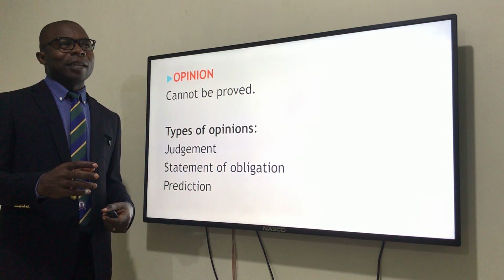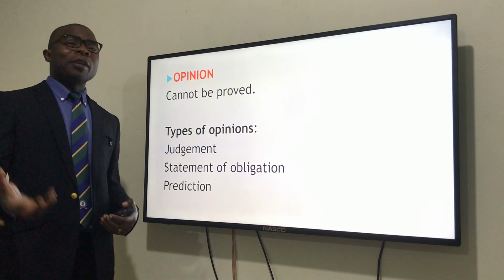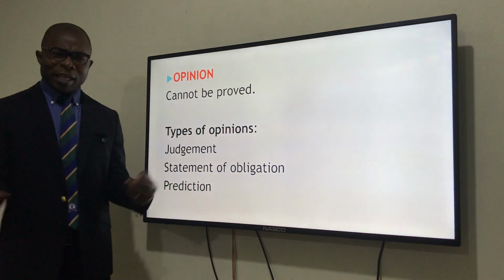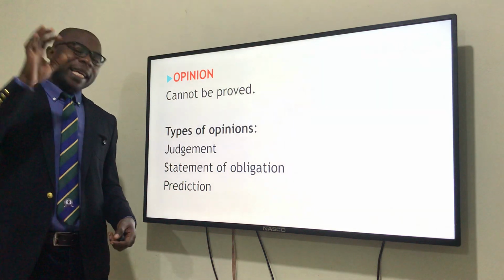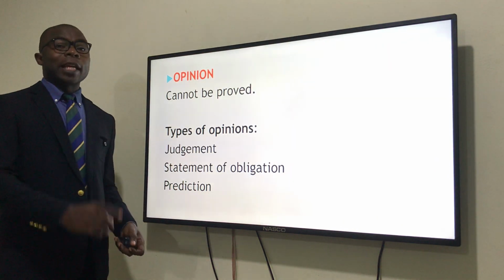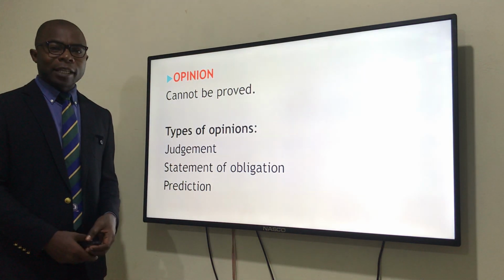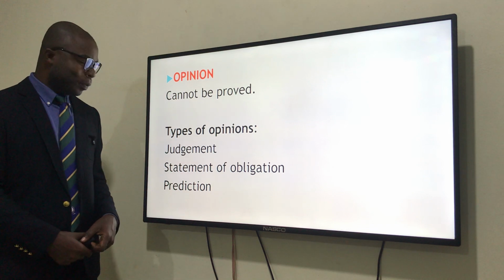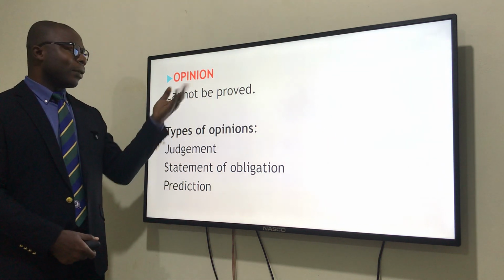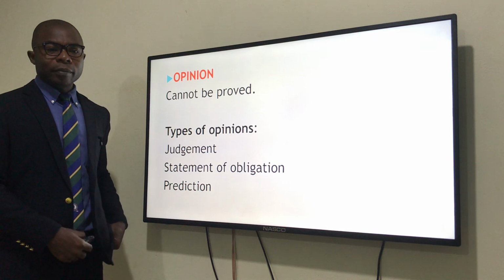But it will be difficult. Somebody could actually predict the 8-2, and that's like a lottery win, but it still remains a prediction because there is a possibility of that not happening. So predictions still remain on the level of opinion.